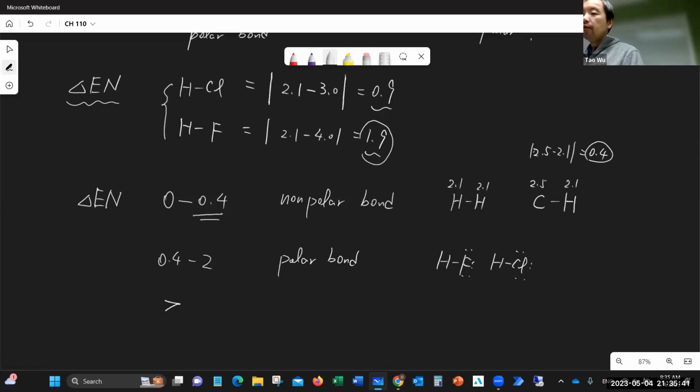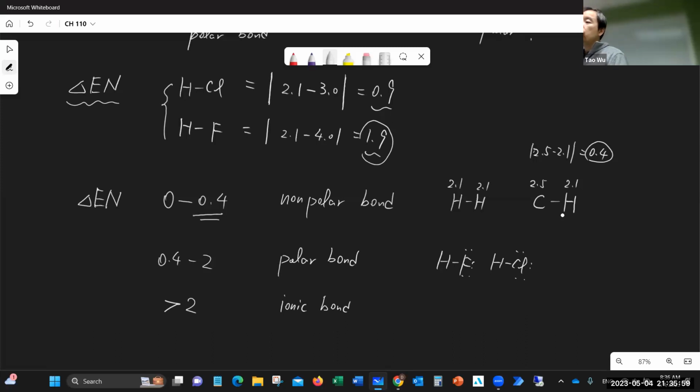If you have anything larger than 2, generally this is an ionic bond, which means it belongs to an ionic compound. It's not a molecular compound anymore. This is an ionic compound.